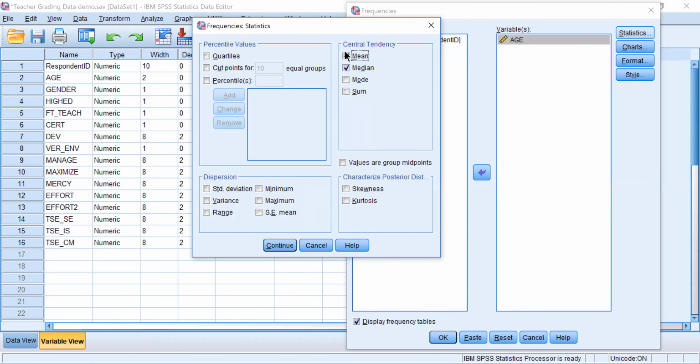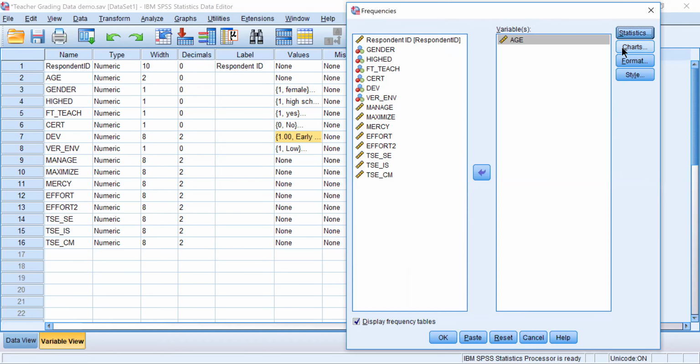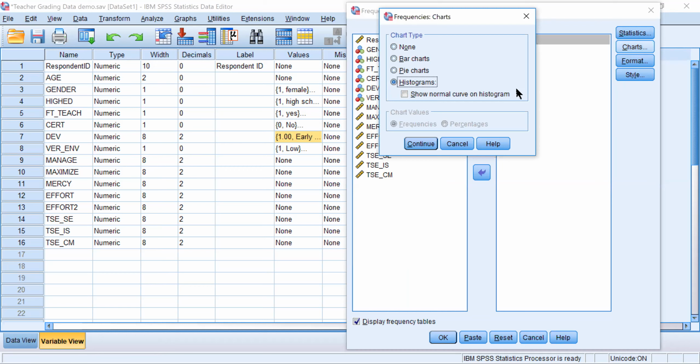You can get the mean, the median, the standard deviation, the minimum and the maximum, just as you could in descriptives, but with the addition of median. You can also get charts, including a histogram. So you can see the shape of the distribution rather than just getting statistics on it. I don't usually get much out of showing the normal curve on the histogram, so I never choose that option.